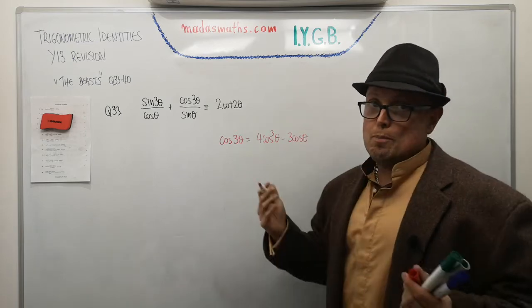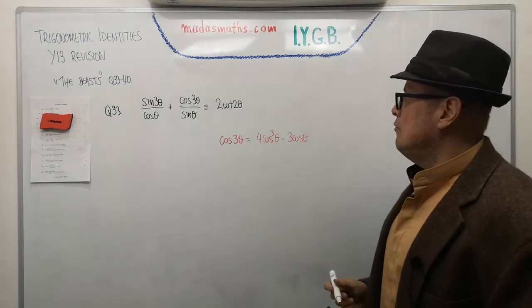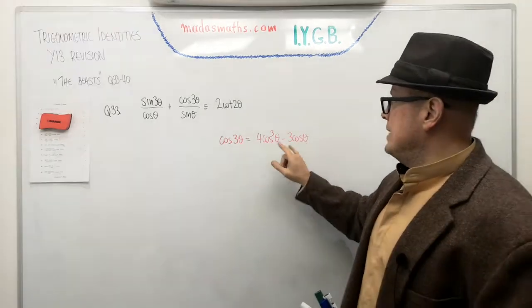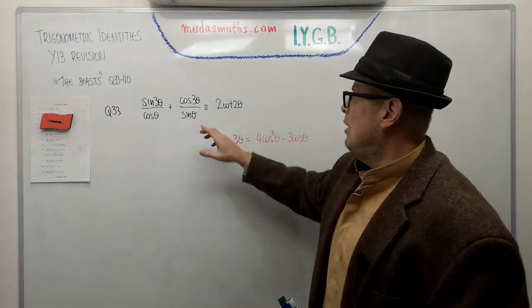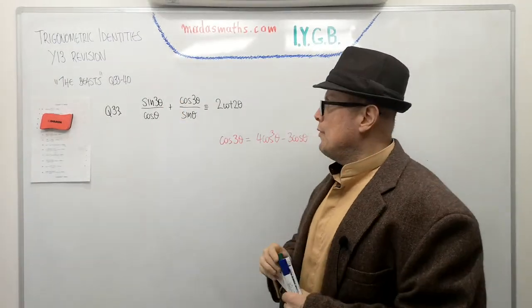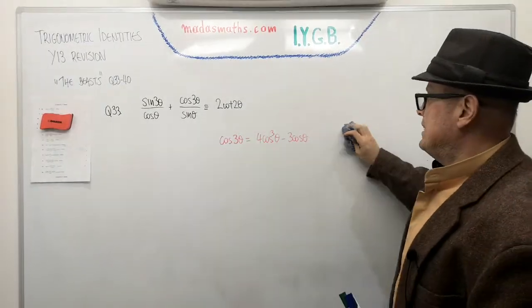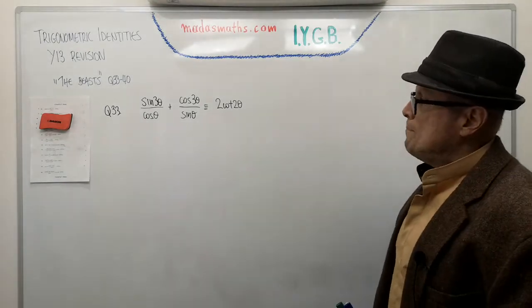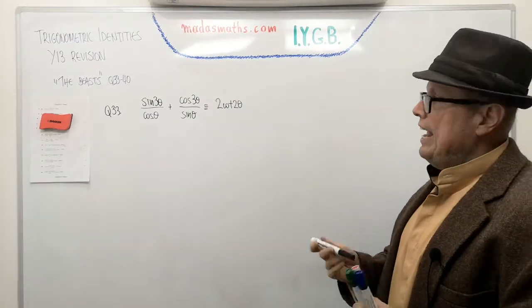You could be asked to prove that, and a similar identity for the sine of 3 theta. If you put those in there and divide by sine theta and cos theta correspondingly, it will actually work, but it's going to be very painfully long. So there must be a quicker and better way of dealing with this identity, and in fact there is.